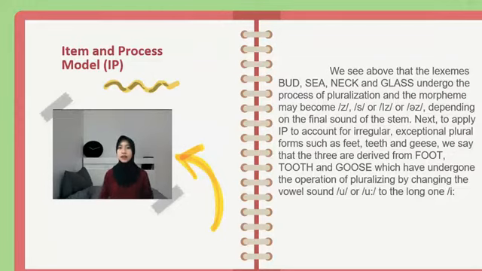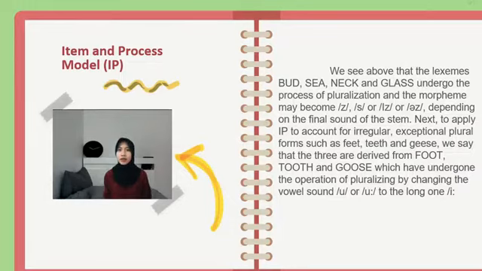Burr 2004. For elaboration, let us refer to the plural marker as in these nouns: buds, cars, necks, and glasses. Suppose we all agree that the underlying form of the plural s is z. In the words above, we find a phonological process where s may become or be realized as z, s, or iz.